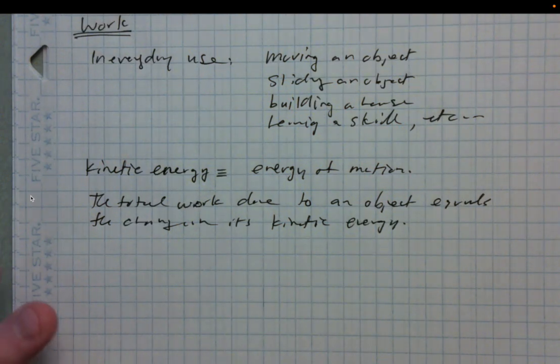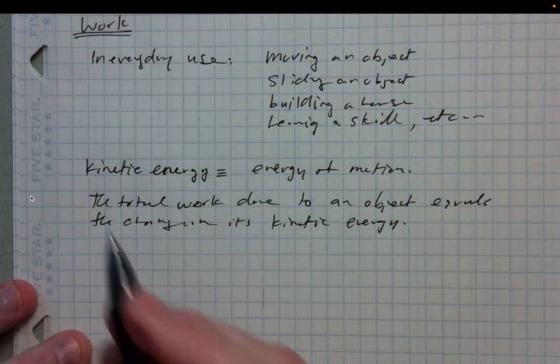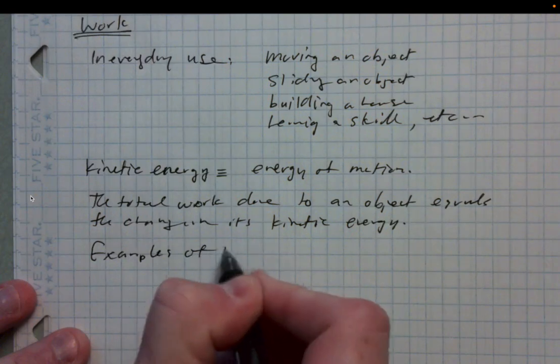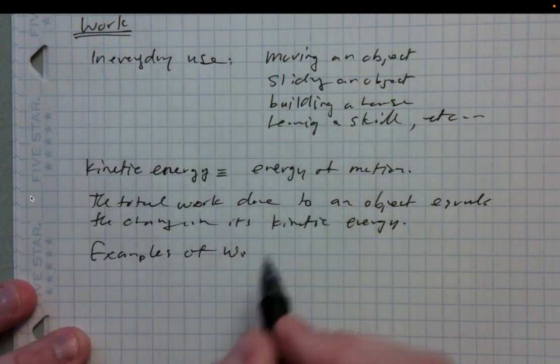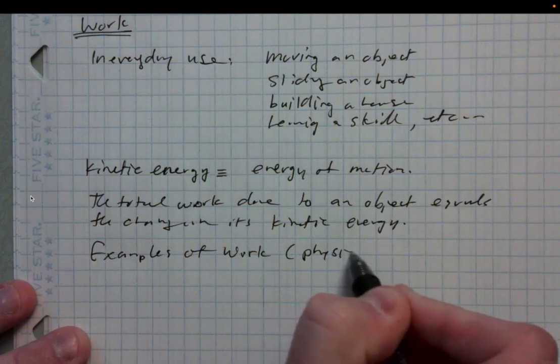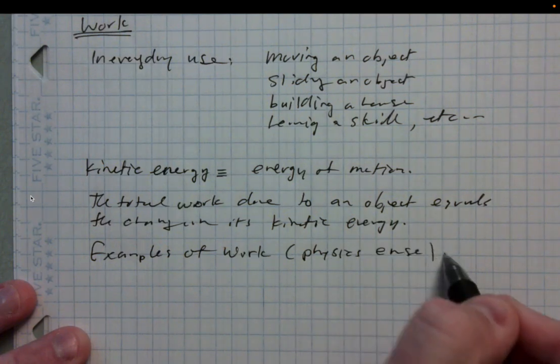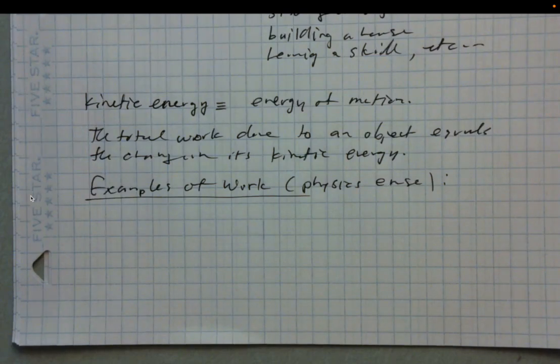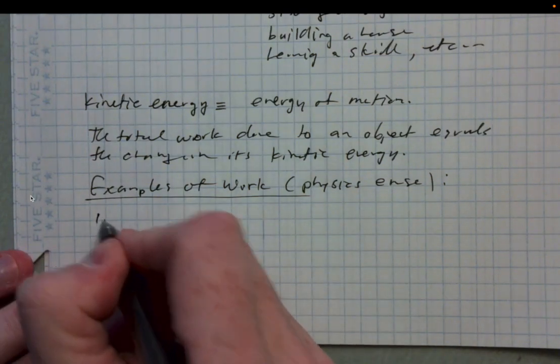So what are some examples of work in the physics sense? This is like the everyday sense up here, but in the physics sense, what are some examples? Well, pulling a crate across a surface.